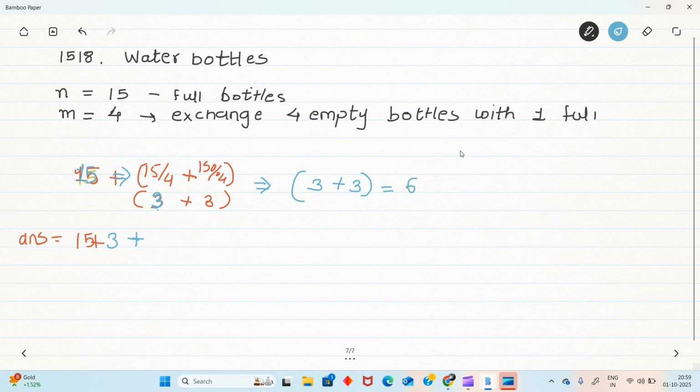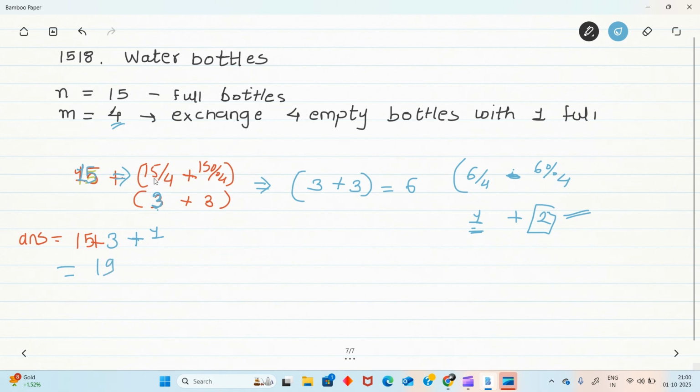I can exchange 4 of them, so 6 divided by 4 gives one more full bottle, and the remaining empty are 2. I can drink this, so in my answer I'll add 1. Now I have 2 empty, but I can't exchange because I need 4 to exchange, so we will leave this. So our answer is 19.